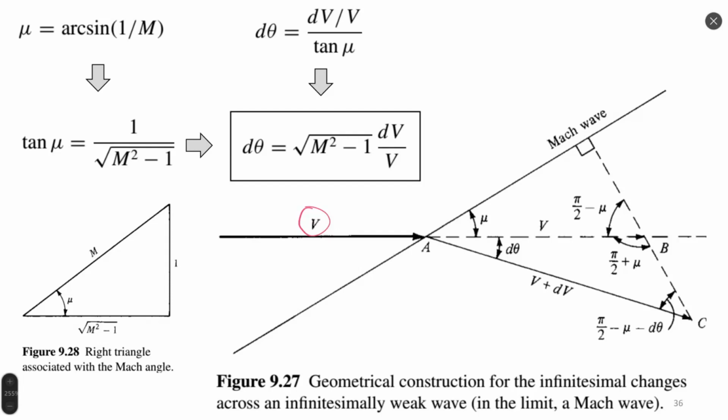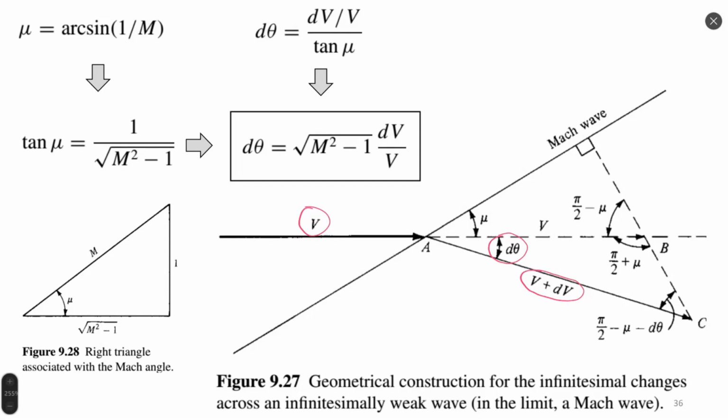Then in this picture 27, we see that flow direction changes. It's denoted by d theta. Okay, infinitely small change of flow direction causes small change of velocity V plus dV. Now this velocity V plus dV is acceleration, changed velocity, and also changed direction of the flow.